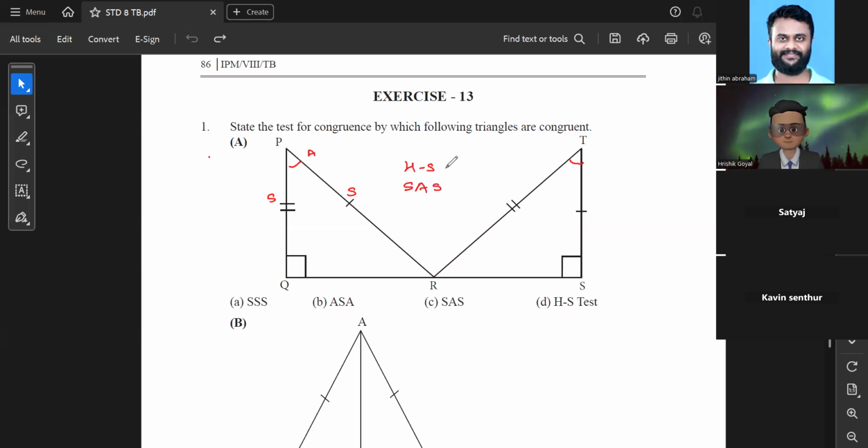Both are correct. तो एग्जाम में कौन सा टिक करेंगे? अगर दोनों करेक्ट मिला तो I will go for SAS. Why will I go for SAS? Because SAS में 1 2 3 चेक पॉइंट्स कवर हो रहे हैं. HS में सिर्फ 2 ही चेक पॉइंट्स कवर होते हैं. So this is more accurate as compared to this one. Both are same, but still I will go for SAS. I would have tick marked SAS in that case if this data was given. I hope I am clear.